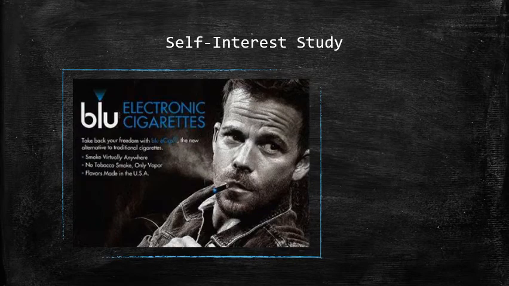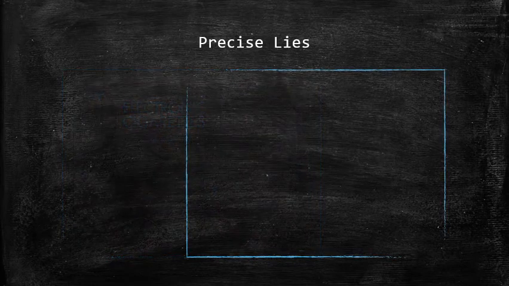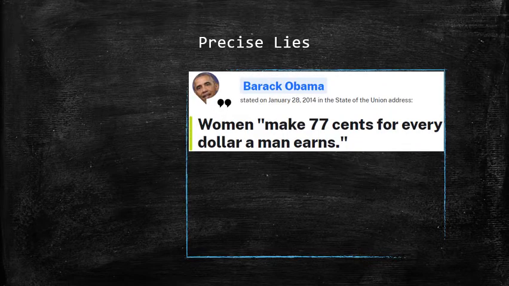I hope not. Another interesting phenomenon called the precise lie frequently occurs in the age of mass media. The famous statistic of women earning 77 cents for every dollar men earn is exactly this sort of lie. It makes no attempt to correct the differences in experience, education, or even full versus part-time status.